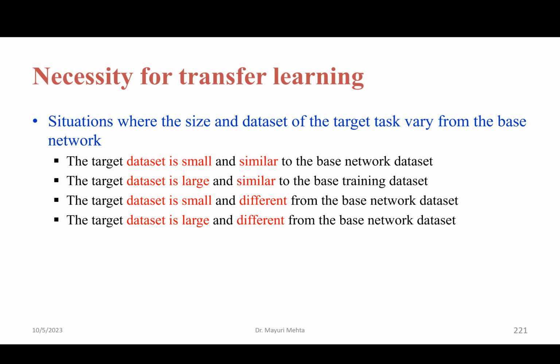So we need to be careful about when to transfer and when not to transfer. And the third question is how to transfer. Once what to transfer and when to transfer have been answered, we can proceed towards identifying ways of actually transferring across domains and tasks. So this involves changes to existing algorithms and different techniques.